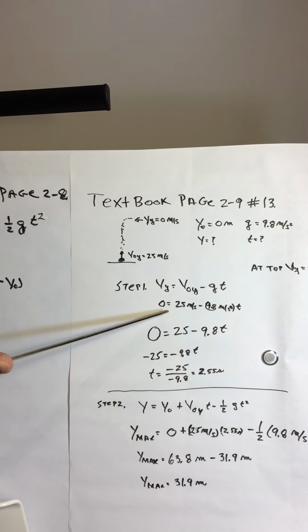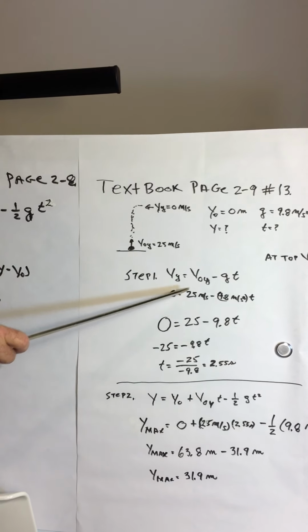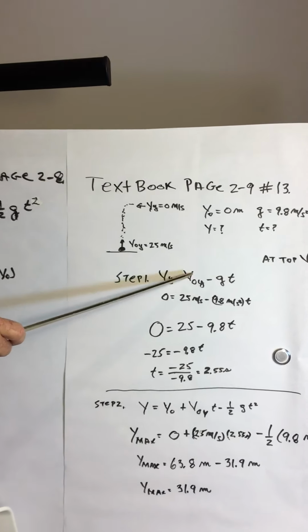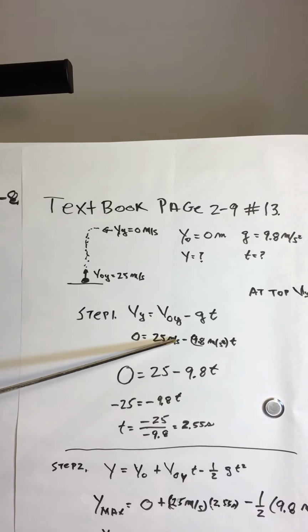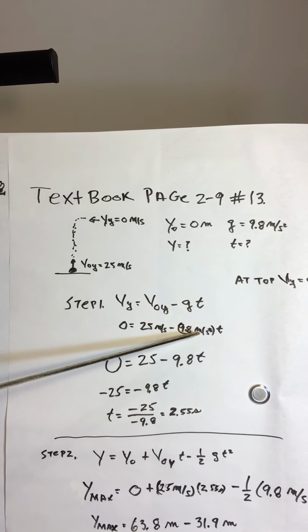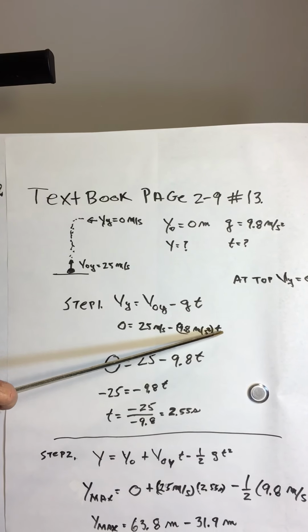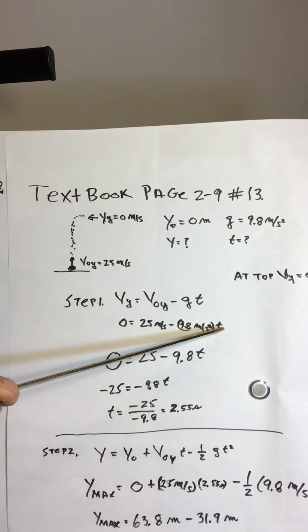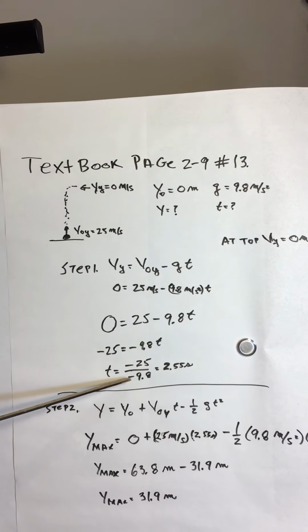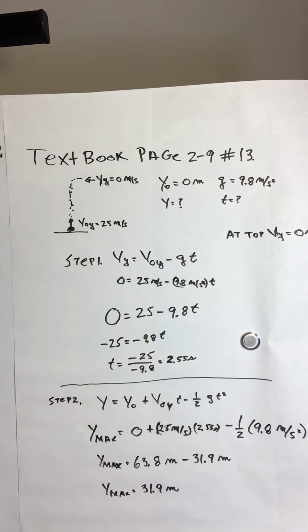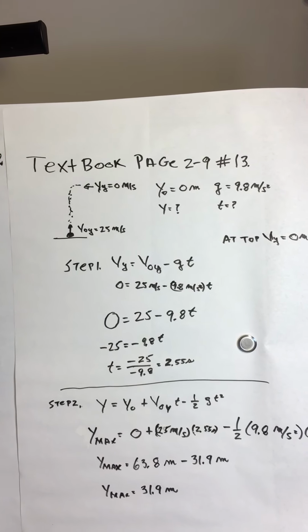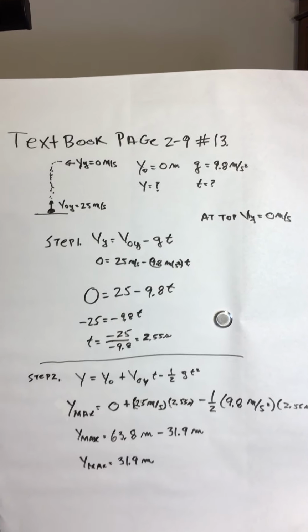Now at the top here, the speed was 0. It started up with a speed of 25 meters per second, plus 25 meters per second because it's going upward. g is 9.8 meters per second squared, and we're looking to find out the value of t. So we simplify the equation and we work it out, and we find the time comes out to be about 2.55 seconds. It took about 2.5 seconds to reach the top.